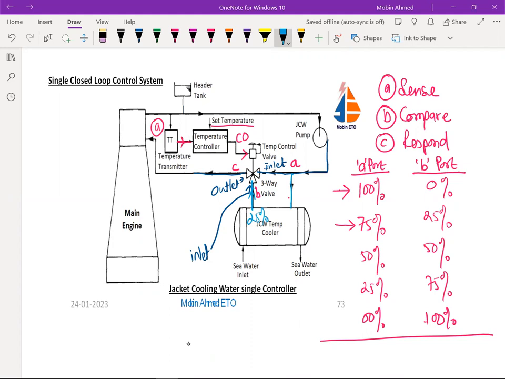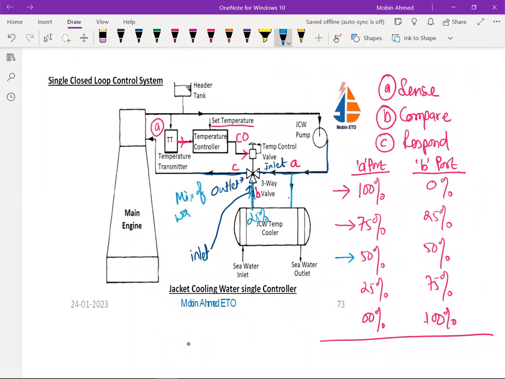Okay. Now suppose the temperature is still more, then in that case, 50% will be going here and 50% is diverted. So 50% water is being cooled. Likewise, in proportion, this is done by the temperature control valve, which is utilizing the three-way valve. So always the outlet is going to have a mix of water.